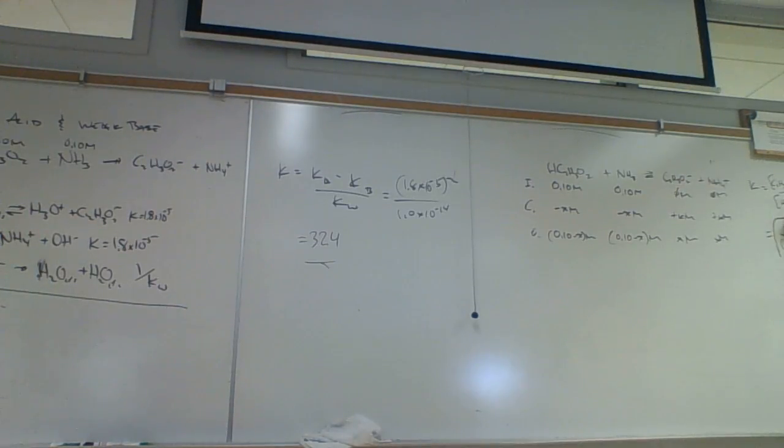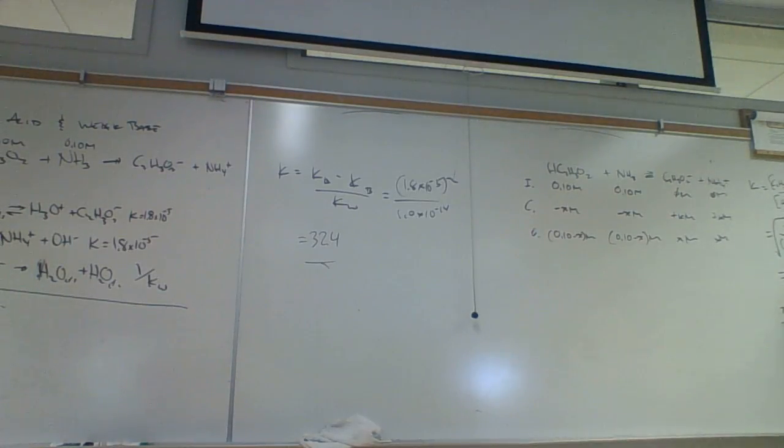I can just take the square root of both sides, and that will give me X over 0.10 minus X is equal to the square root of 32.4.